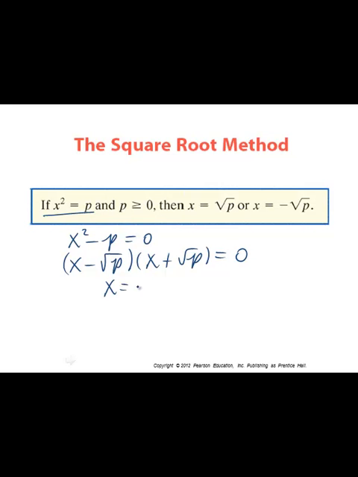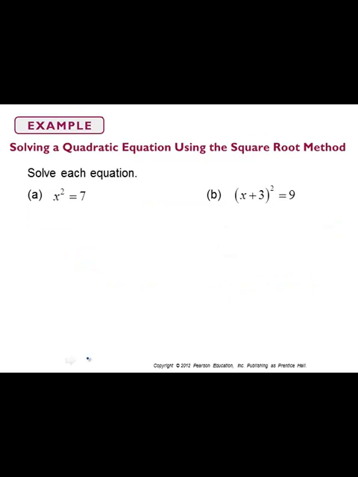And that means x is equal to square root of p and x is equal to negative square root of p. So in other words, x is equal to plus or minus square root of p. So if x squared is equal to 7, that must mean that x is plus or minus the square root of 7.